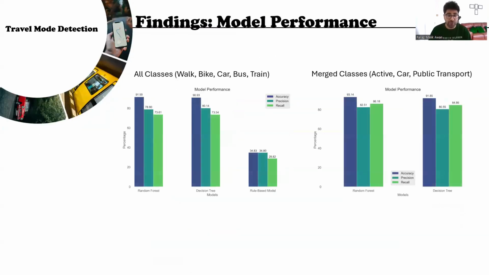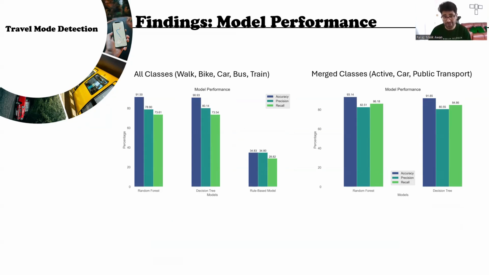Looking at the results, you can see that our machine learning based models perform really well with 91.5% accuracy for random forest and 90.9% accuracy for decision tree.